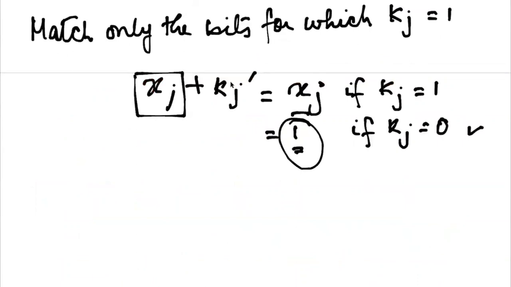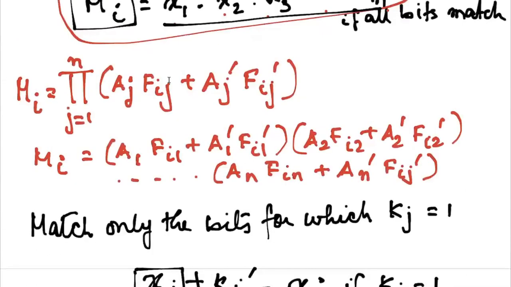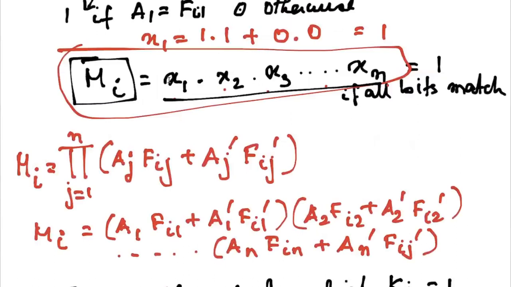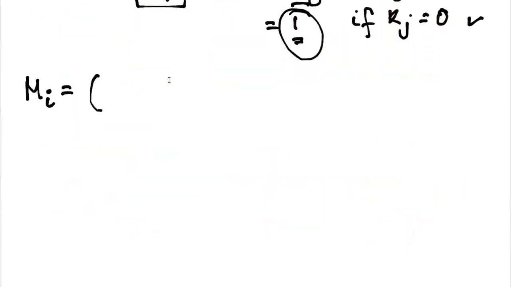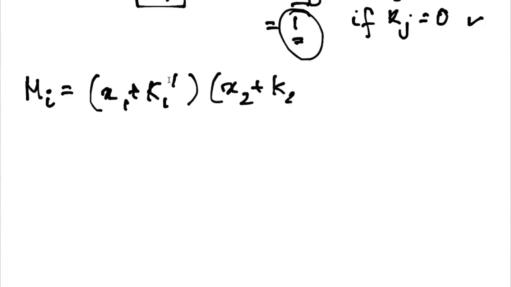Now, let us put this all together then. So if you put it all together, then the match logic now will be mi equal to, now instead of finding only the product of all the x's, it will be x1 plus k1 dash into x2 plus k2 dash, up to xn plus kn dash.